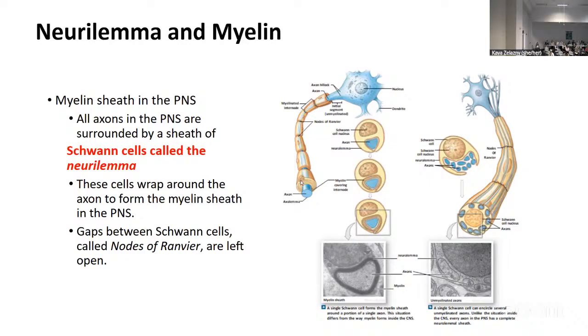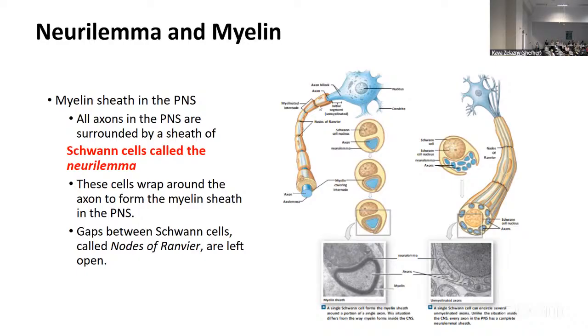We have a cell that wraps around and around the axon in these little segments. Each of these is made by a Schwann cell wrapping around, and we call the structures they're making here the neurolemma. That's what we're looking at when we look at our peripheral nervous system.